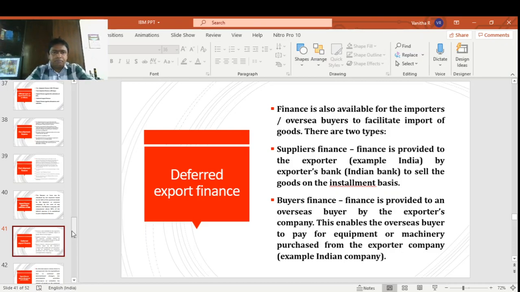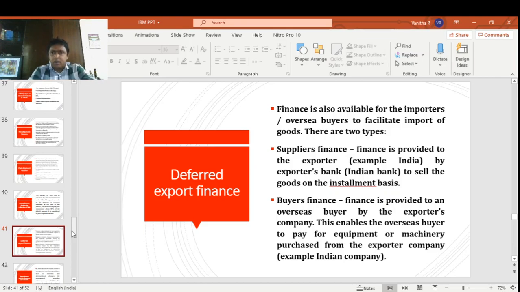That's simple. Now we have deferred export finance, which is slightly in between the two cases that we have discussed. It can be initially finance. This finance is also available for the importers, overseas buyers, to facilitate import of goods. There are two types.